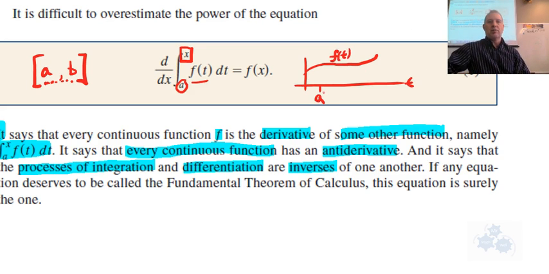So if I go from a to some x value, this becomes f of x, doesn't it? That little point becomes f of x. So let's back up and say that the upper limit is x. Well then, if this is the point f of x, and if we move this x around, every point on this could be f of x.